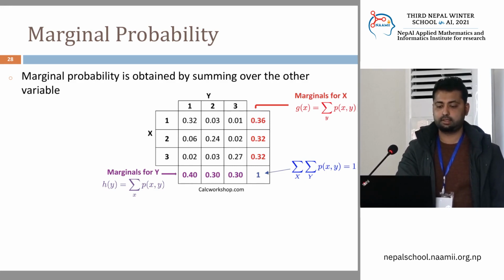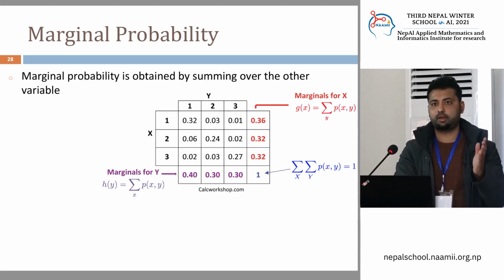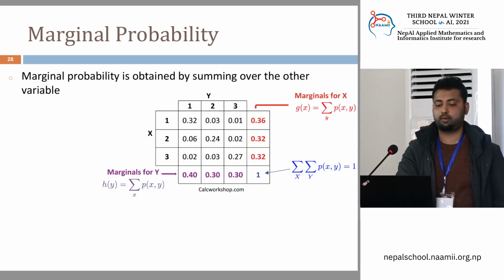So let's say this is a die and this is a card, and you say, okay, I know that when a die rolls 1 and a card gives you 1, the probability is 0.32. But what I want to know is the probability of the die rolling 1.